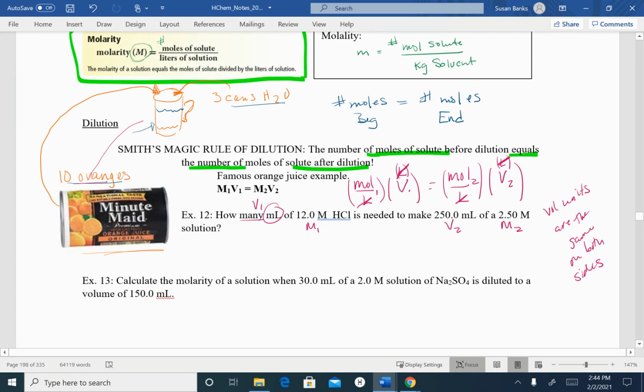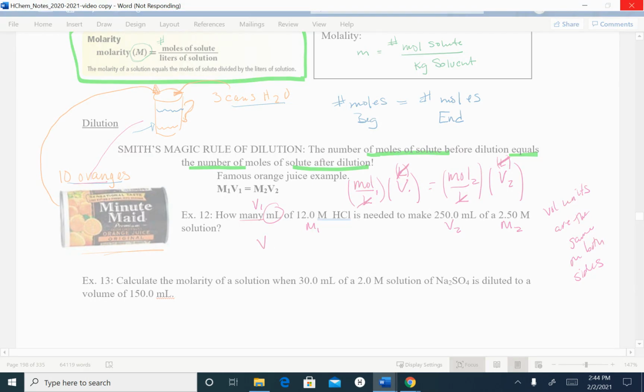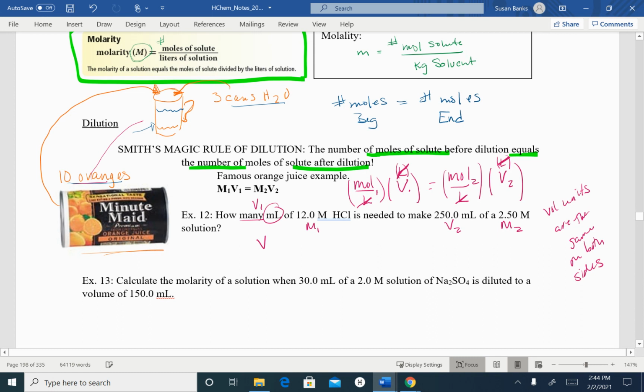Okay, so we're going to set up our equation. Volume 1 is the unit that we want to figure out. Our molarity 1 is 12.0. I'm not even really going to pay attention to units here. I know I'm breaking all kinds of rules. 250 mils is our volume 2, and our concentration 2 is 2.50.